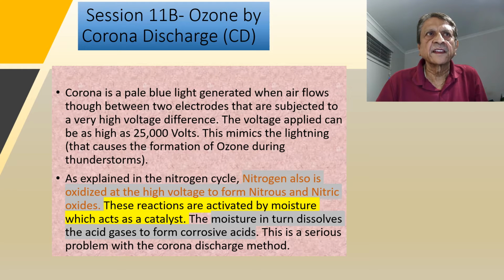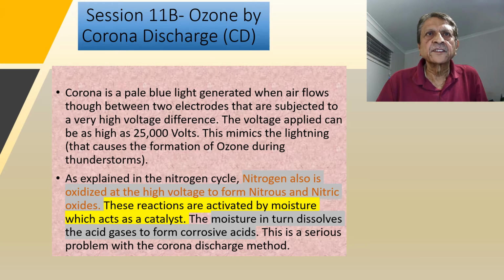This mimics the lightning and similar to that which causes formation of the ozone during the thunderstorms. Please note there is a big difference between a corona and a spark. A corona generates special energy, a spark generates heat.